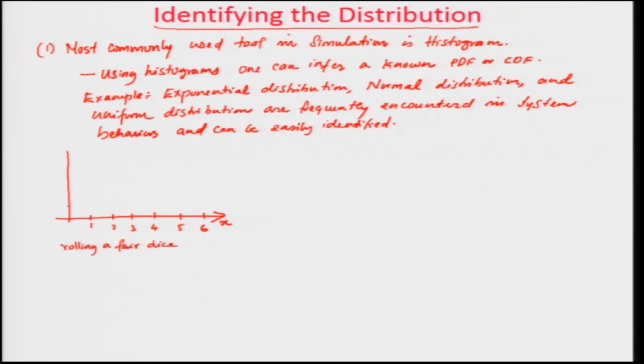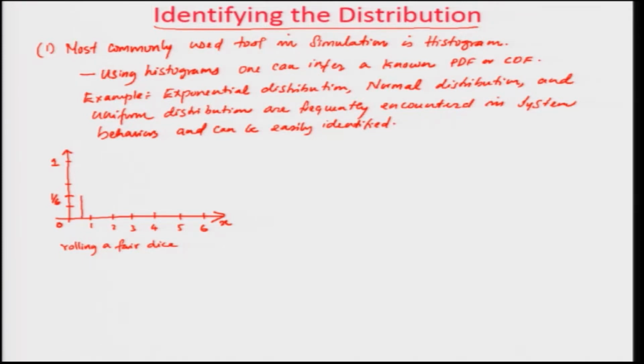Here is 1 by 6 as the probability, and all the way to 0 to 1.